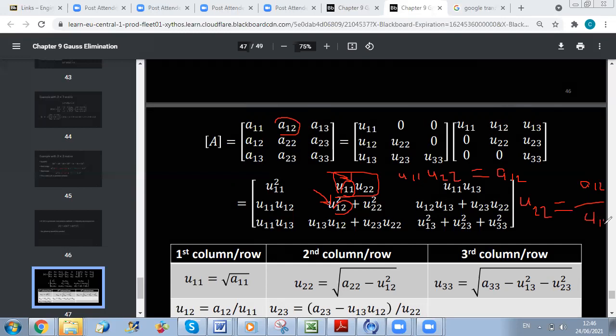The other possibility is to say I will find U22 from this equation. So if I want to do so, I can write that U12 square plus U22 square is equal now to A22.